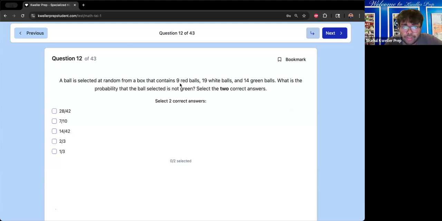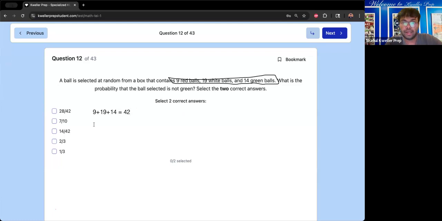A ball is selected at random. What's the probability that the ball selected is not green? For this type of question, you just have to look at the total number of balls, 9 plus 19 plus 14. That is 42, so these are the total amount of balls.